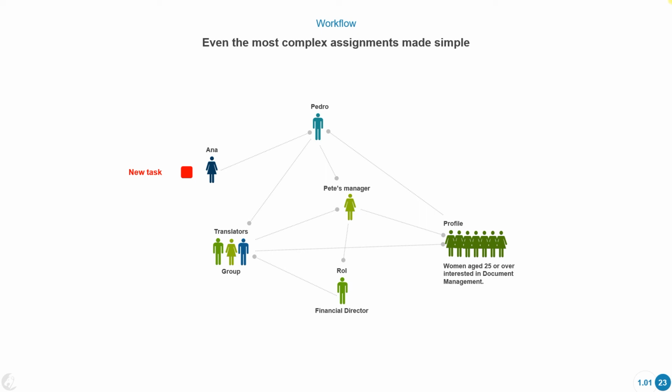And maybe this profile, once they're finished, is going to send it to a group of translators, and so on. So the same activity could be moving from one performer to another if a certain performer can't manage it or it has to be delegated to someone else. And there are all kinds of different complex assignments that are really simple to set up in the system.